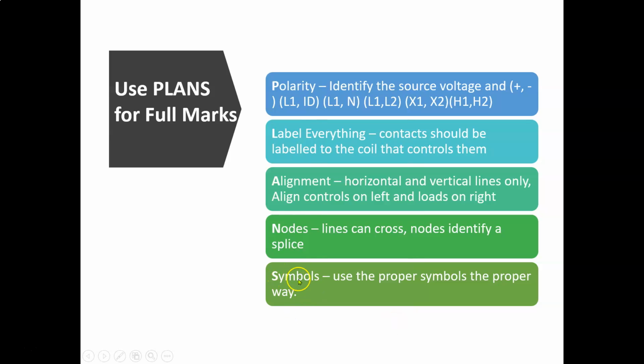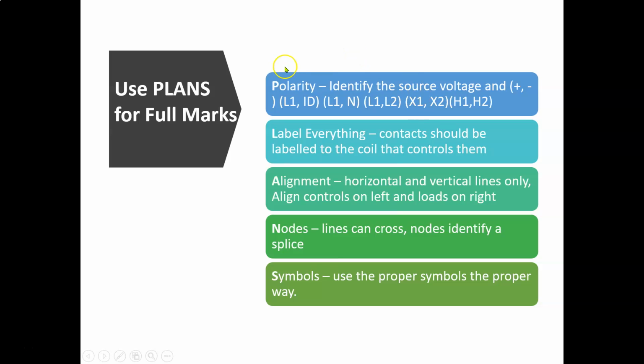And then S is for symbols. You have to use the proper symbols the proper way. So you're going to be going back to your ILMs, looking for the symbols you need for, say, a float switch or a pressure switch or a thermostat, and you're going to use your template to draw out that symbol and make sure you're drawing it the proper way.